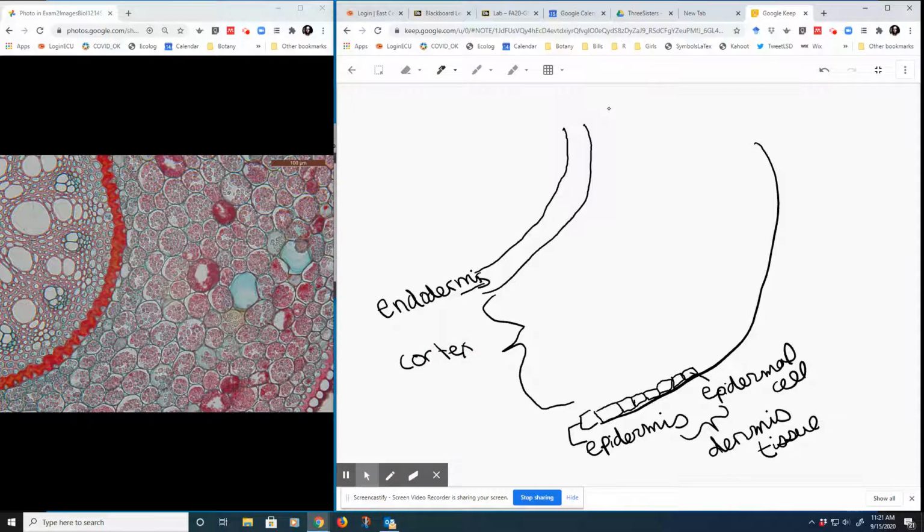And the cortex consists of these very large cells, dodecahedron, that are loosely packed in here, forming intercellular spaces between them.